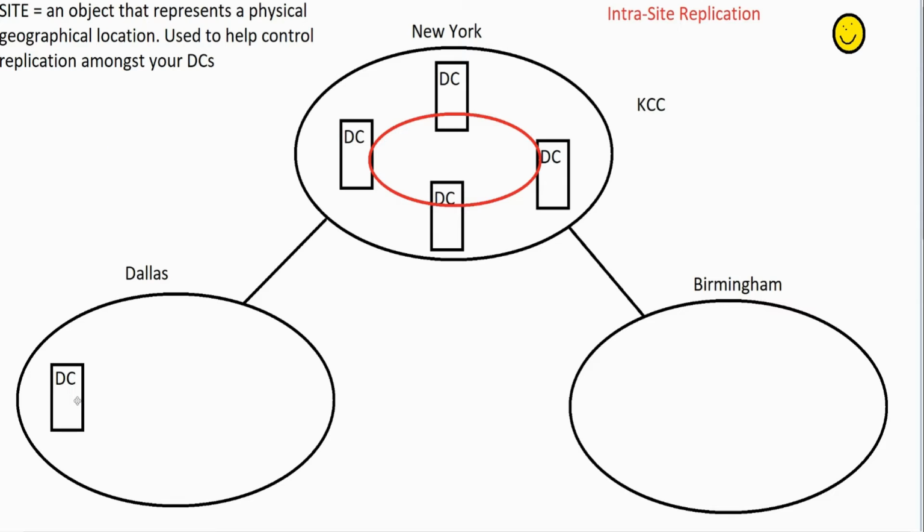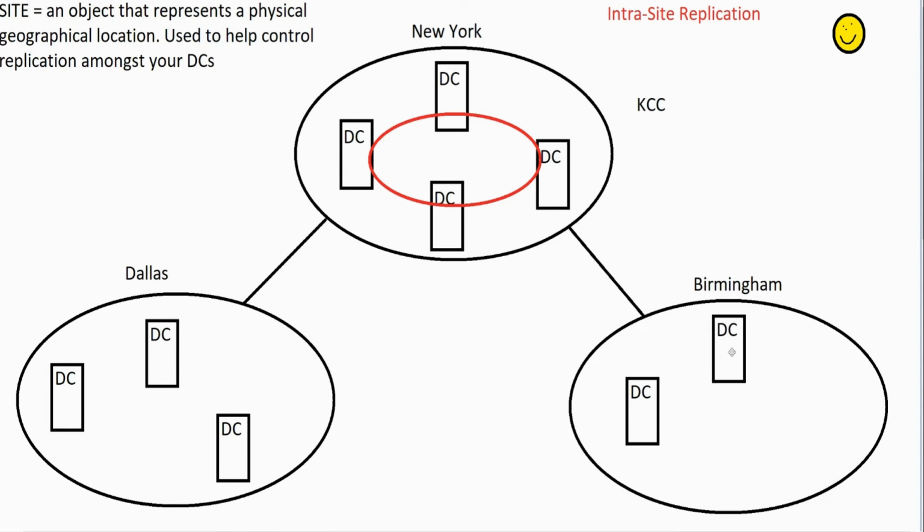We're going to put some in Dallas here. We'll put 3 DCs in Dallas. Okay, and then maybe some DCs over in Birmingham. Originally, Birmingham maybe was a small office, but it's grown into a bigger office, so it's getting full-blown DCs with lots of users there. Okay, so the same thing's going to happen here.